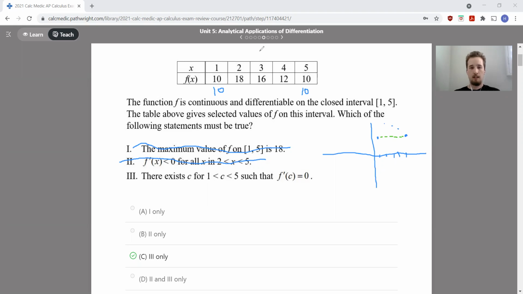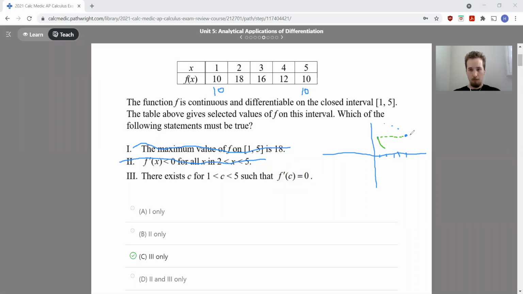So that means no matter what path we take, if we took a path through these points, at some point we'll have to have a slope of 0, right? So let's say our function increases like this one does. Well, the function must end up coming back down, right? And when it starts coming back down, it hits a slope of 0 at this point. Let's say the function decreases at the start.